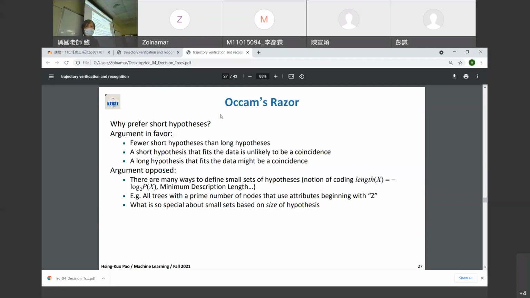On the other hand, a longer tree can always fit the data. Even a long enough tree can fit any kind of data. Besides, there will be more than just one tree that can fit the data if the tree is longer, but we don't have so many short trees.